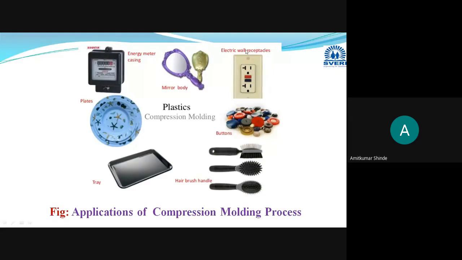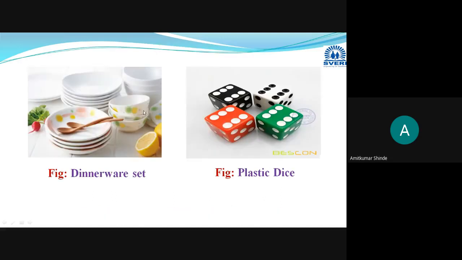All these electrical switchboards and plugs are manufactured with the help of the compression molding process only. Then in your kitchen, some plates and dishes are there. They come in your dinnerware set, which I have collected in the next slide also. This is your dinnerware set. Spoons, plates, and dishes are all manufactured with the help of the compression molding process only.